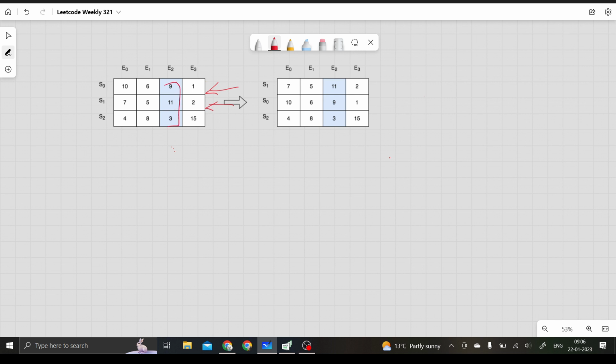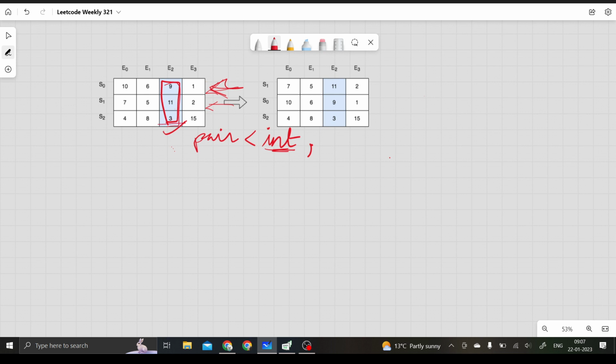So we can create a pair in which the first value will be the integer of the column that we are targeting, and then we associate it with that particular row, because it is the row which we have to shuffle.